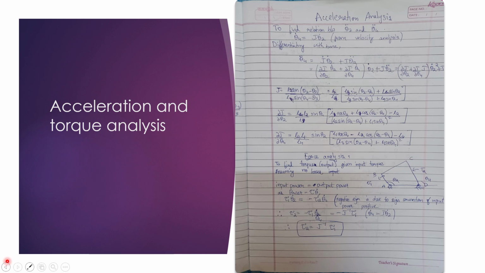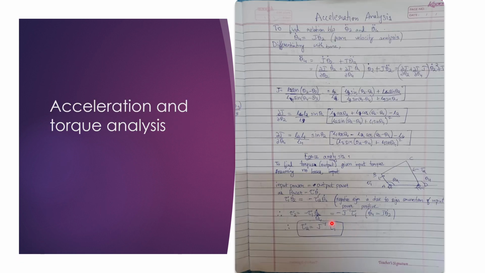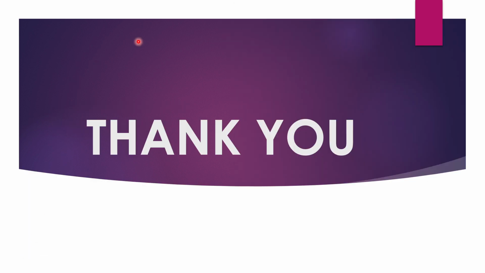Now, if we look at the velocity analysis, we will find that theta 2 dot into J is theta 4 dot. So theta 2 dot by theta 4 dot will be 1 by J, which is what we have written as J inverse. Thus, the output torque and input torque are related by the Jacobian again, with the output torque being 1 by Jacobian times the input torque. That is it for our presentation. Thank you for watching the whole video.